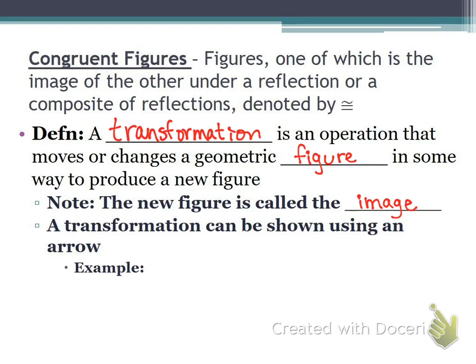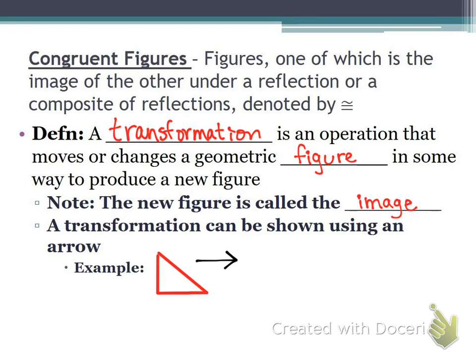A transformation can be shown using an arrow. A very basic example would be to have some sort of triangle, and then we use an arrow. Sometimes it'll be skinny, sometimes it might be a thicker, bubbled-in arrow.